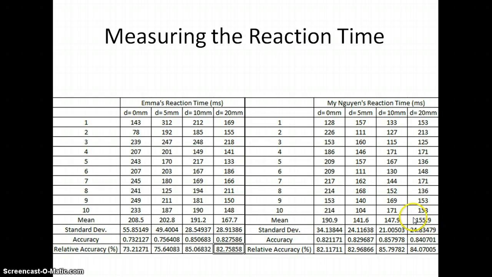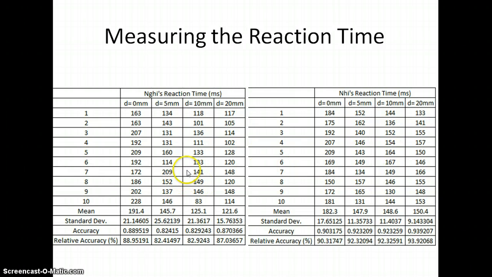This is maybe just a mistake from me, the experimenter, or maybe she got slower after so many tries. But her standard deviation is really small compared to the subject before, and so this is really good. And the relative accuracy is also increasing as I change to the third strip, the 10 millimeter, and the fourth strip, the 20 millimeter.